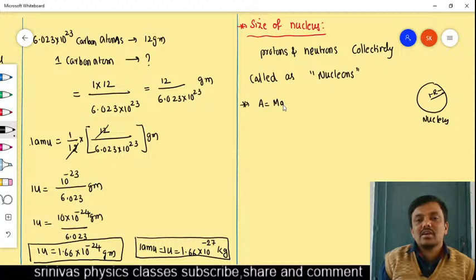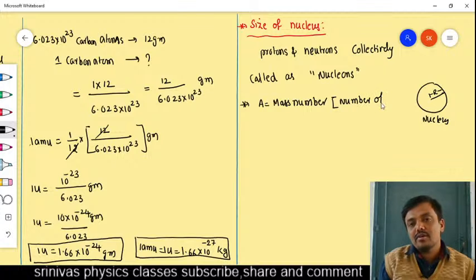Mass number is the number of protons and neutrons collectively. Number of protons plus number of neutrons is nothing but the number of nucleons, right? Now let us see here.